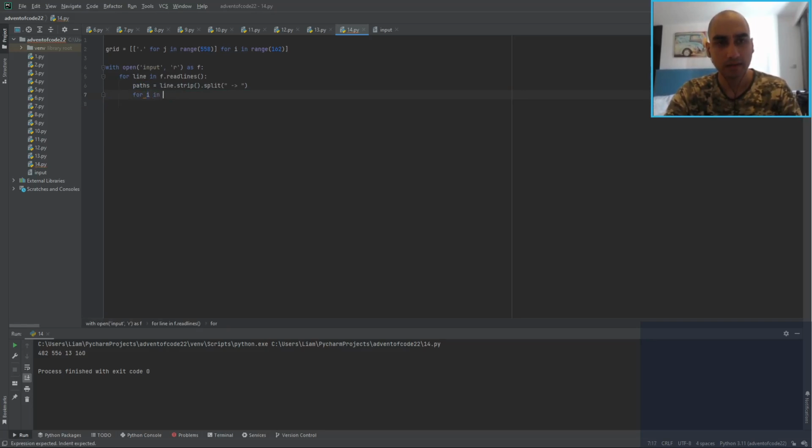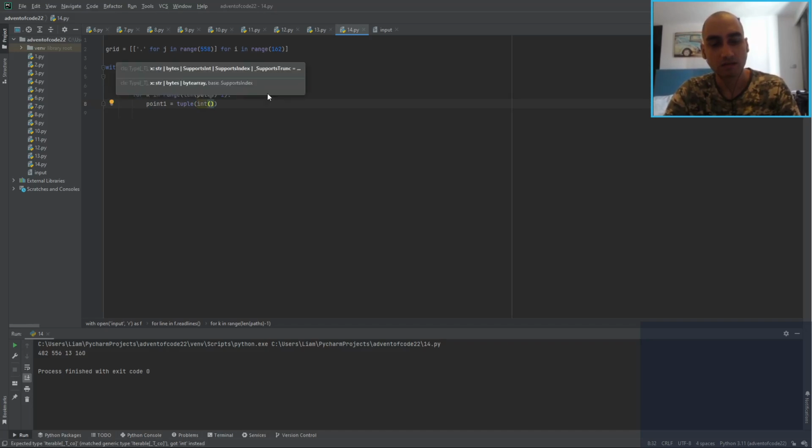For k in range length paths minus 1, we don't want to take the end on. p1 equals, let's say, p1, p2 equals int z for z in paths k dot split comma.